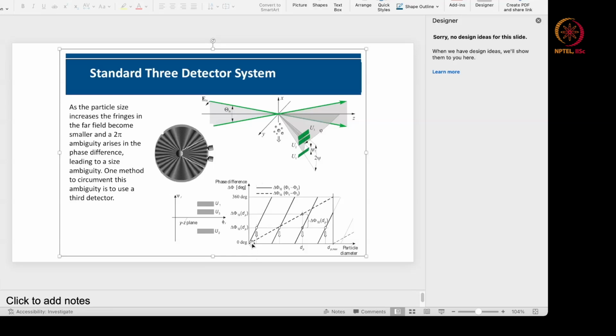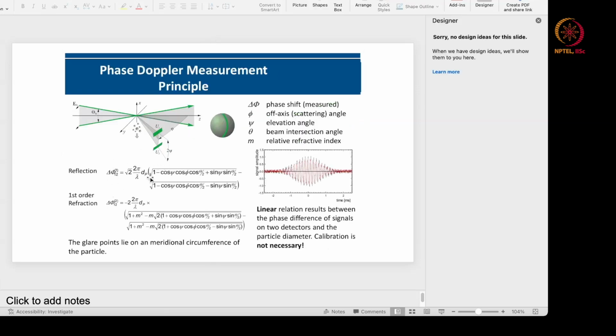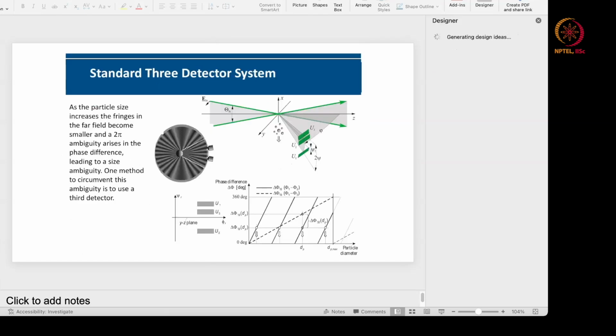So this is the particle diameter and this is the phase difference. If you move along this line, as the particle diameter increases, the phase difference also increases. This we know from this particular equation already, because of the linear relationship. It grows up to 360, and then again it starts from 0.